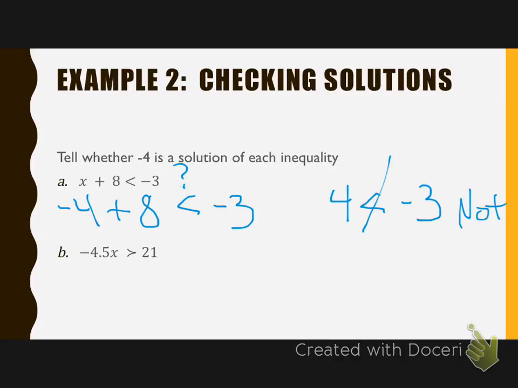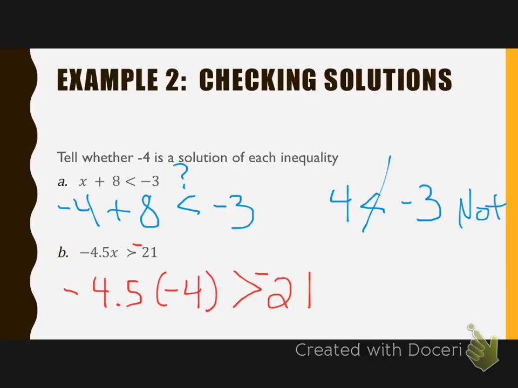How about here? Now we're plugging in negative 4 for x, negative 4.5 times x is greater than 21. Actually, this is supposed to be negative 21.